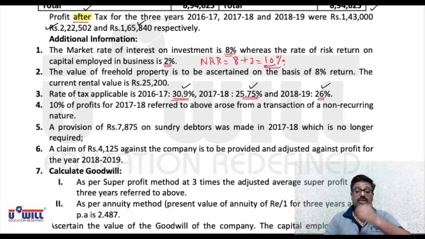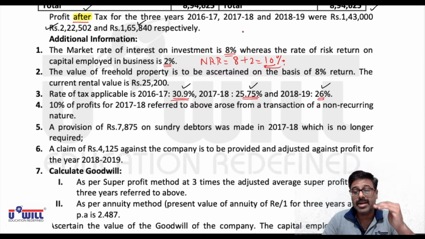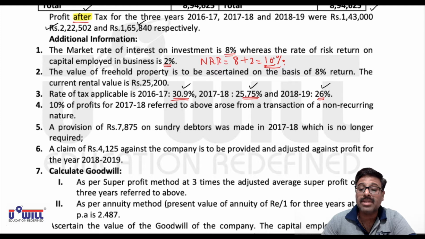But in our business we have taken more risk than others, and for that risk we expect an extra return of 2%. In short, the normal rate of return will be 8 plus 2, that is 10%.